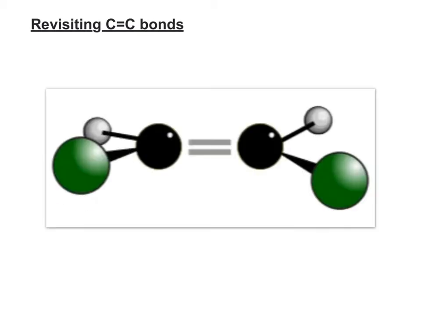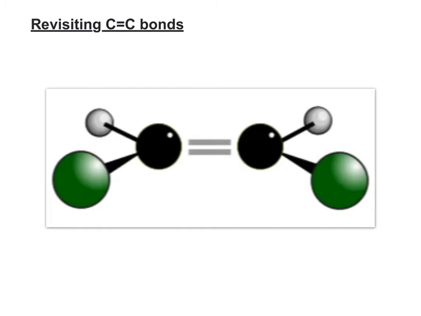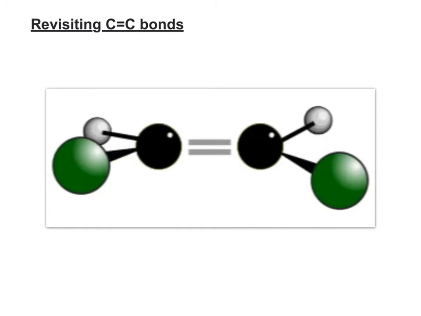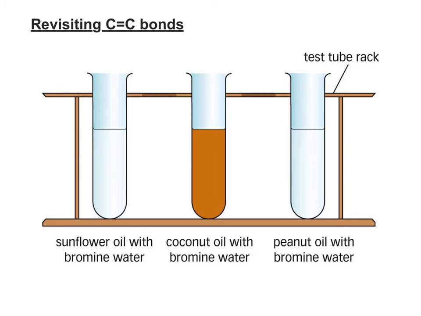Before we go any further, it's also worth having a look at carbon-carbon double bonds again. You remember that the carbon-carbon double bond has restricted rotation, and if it's contained within a compound, it'll turn bromine water colourless.